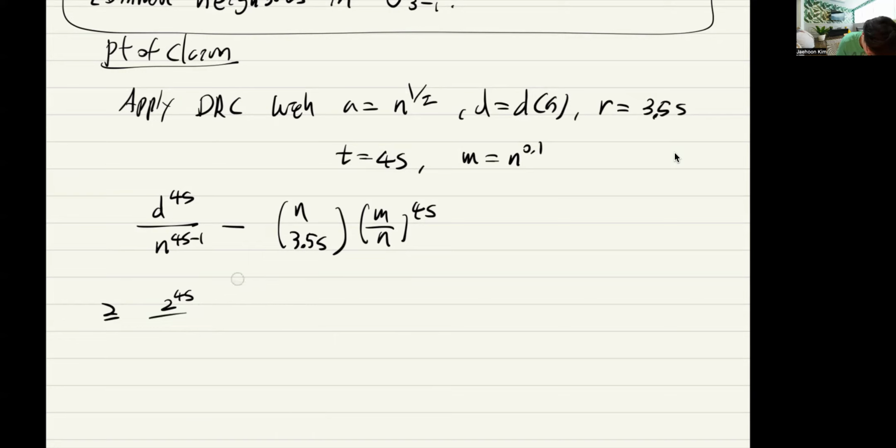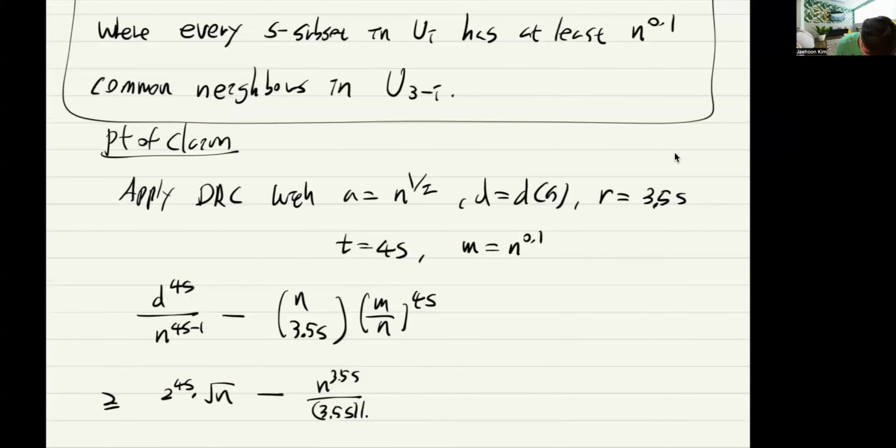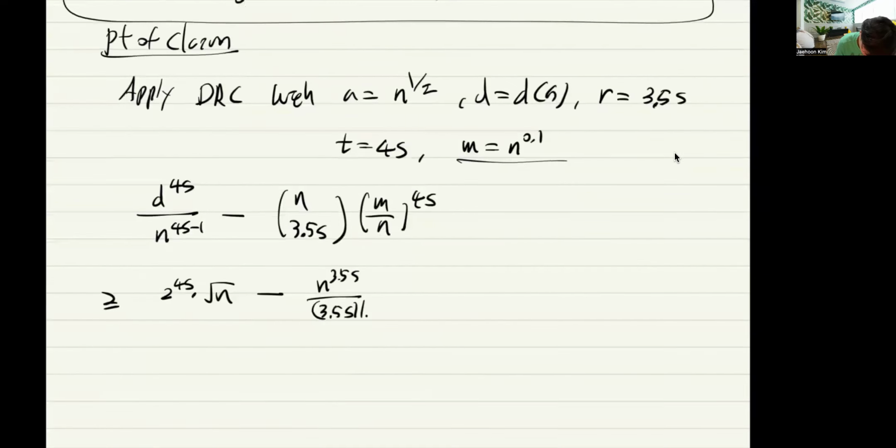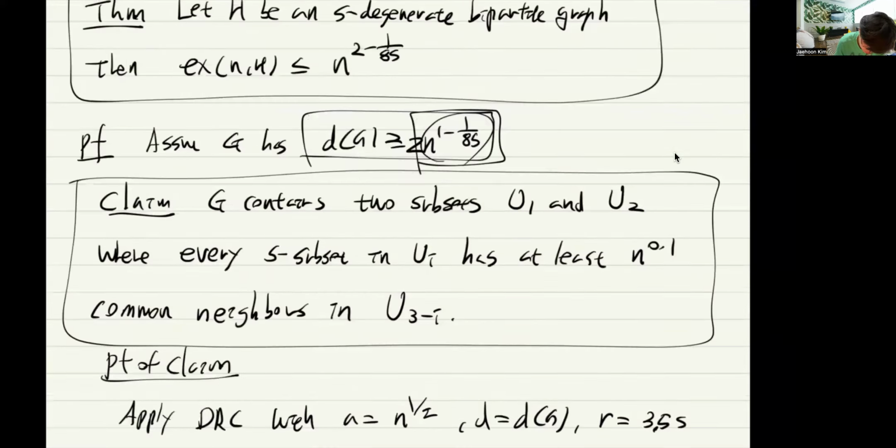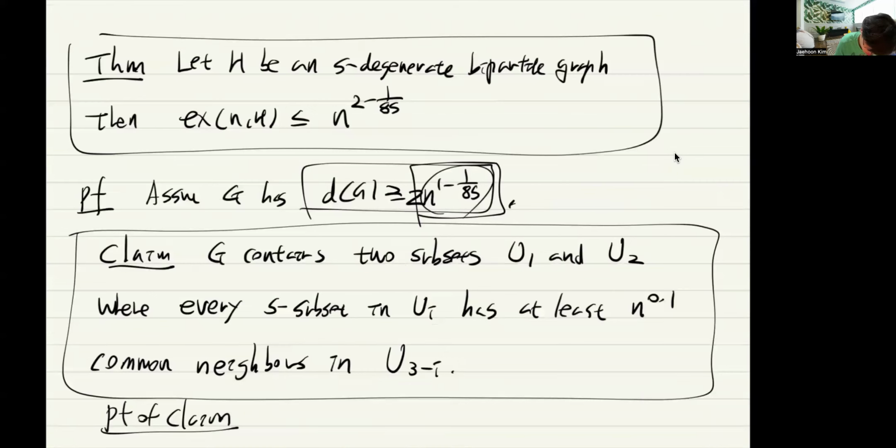So this is like equal to n here, and this n to the 3.5s over 3.5s factorial. And what's m? m is this, so n to the negative 0.9 and multiply 4s, which is 3.6.